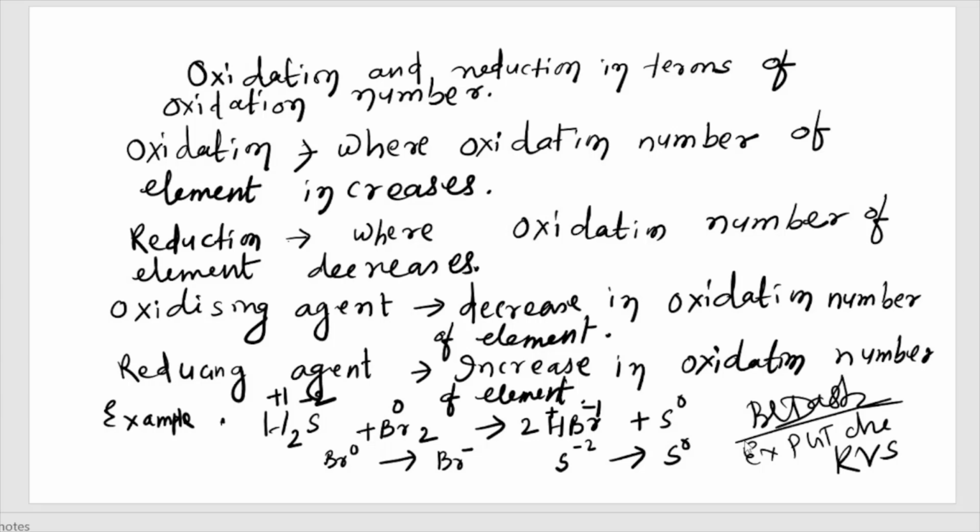That means Br changes to Br minus, the oxidation number decreases, and for sulfur the oxidation number increases. Where it decreases, it is reduction. Where it increases, it is oxidation.